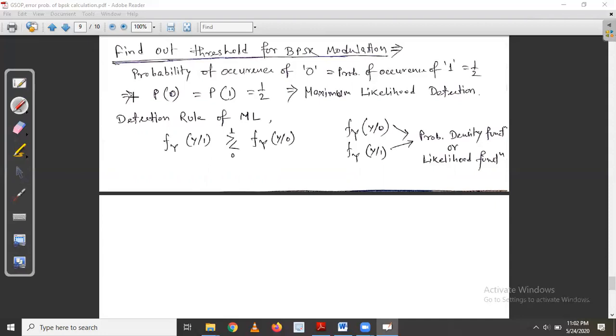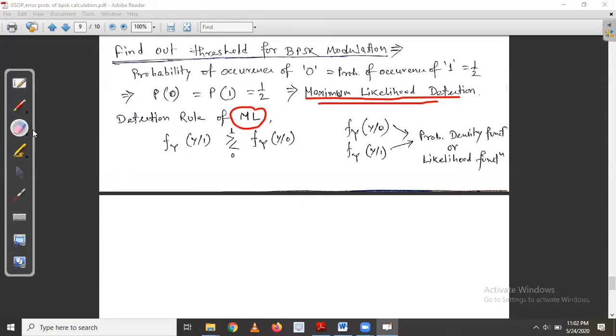one important term we are now going to introduce, that is maximum likelihood detection. ML is nothing but maximum likelihood detection, one type of detection. There is some detection rule.